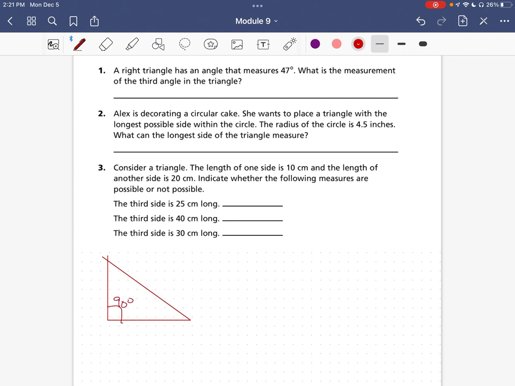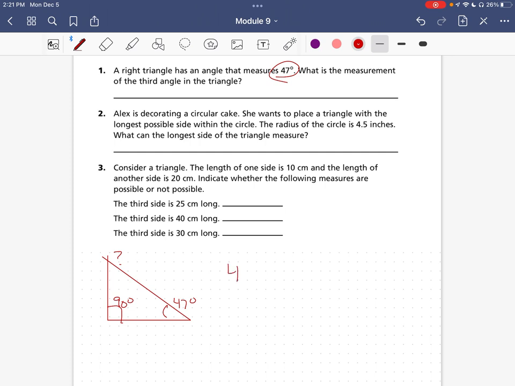And then it tells us that the other measure is 47 degrees. And then we got a question mark over here. What is the measure of the third angle? Now, what is the sum of angles inside of a triangle?